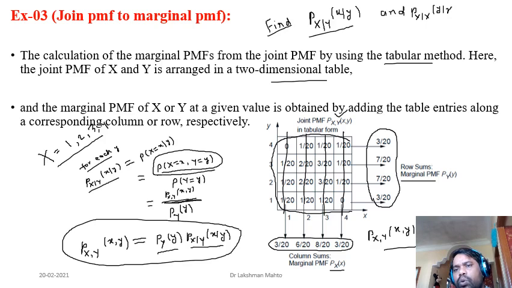You can submit in Google Classroom, near the box where I used to upload slides and recorded video. So everyone has to calculate this conditional PMF and that conditional PMF, because I have already introduced conditional PMF first. So you all have to calculate these two values and submit them.